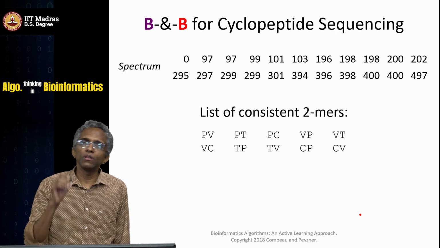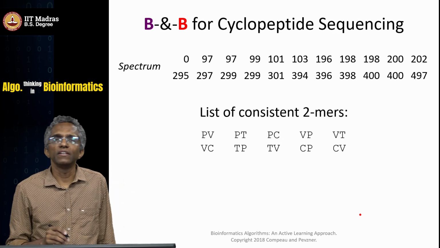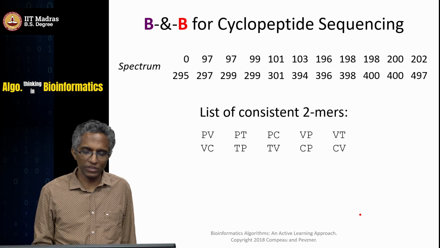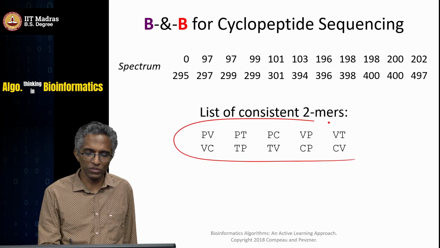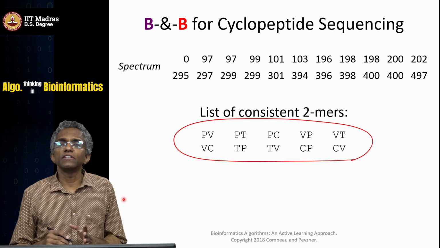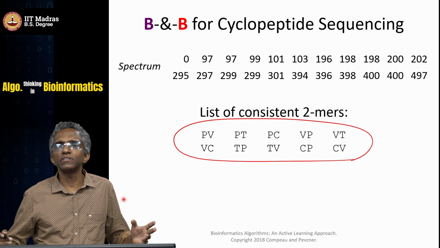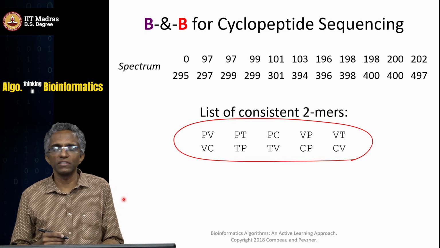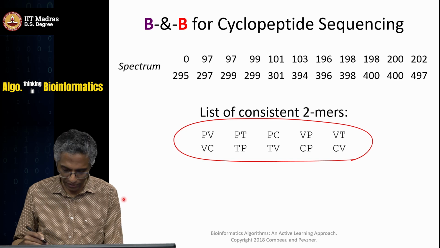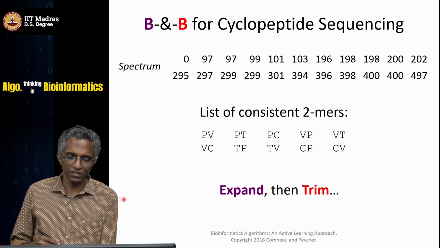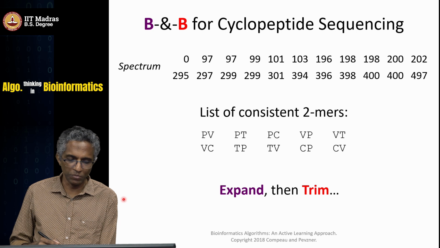So if you go through all the 2-mers that you have and trim away those whose masses do not match the input masses, then you are left with this consistent set of 2-mers that are shown here. And then these can be extended or branched into 3-mers, and then again you can do a trimming operation to only retain 3-mers whose masses match the masses in the input spectrum, right? And so that is what we can do next. Expand, branch, and then trim, which is bound.